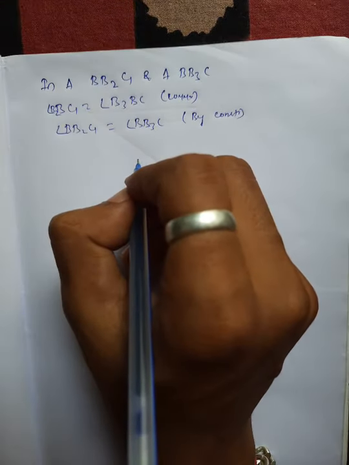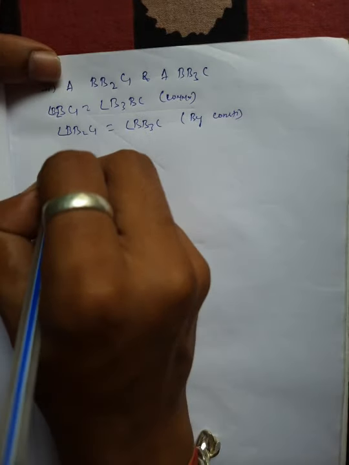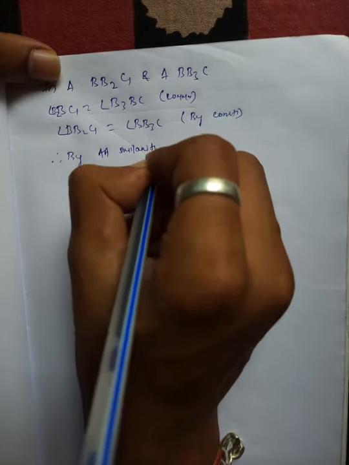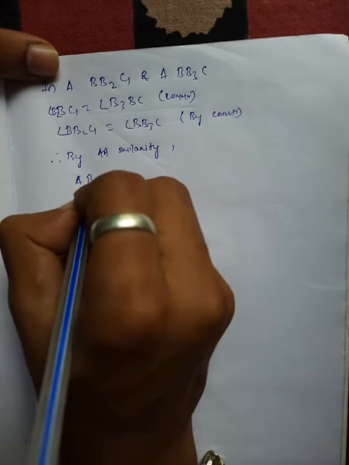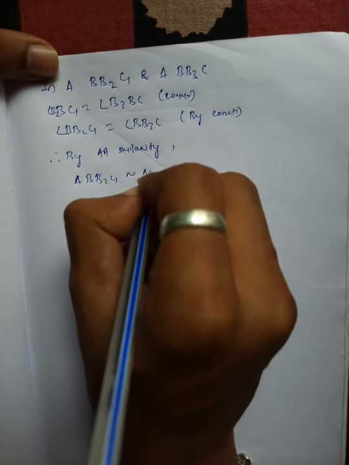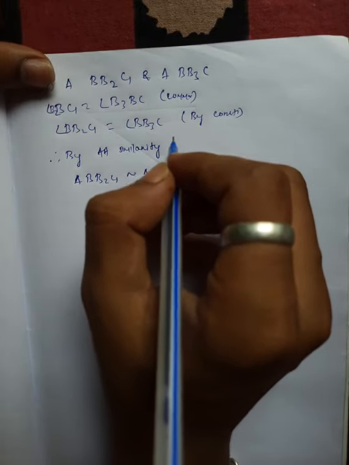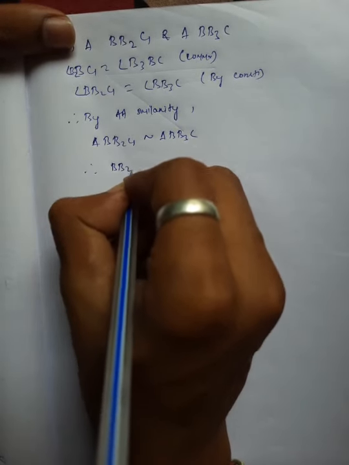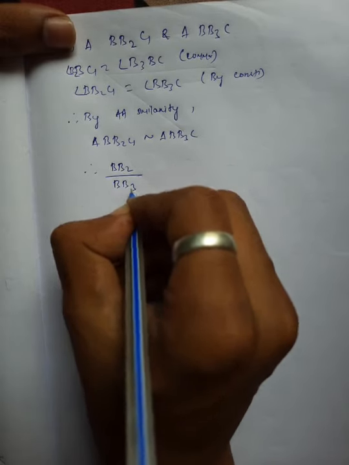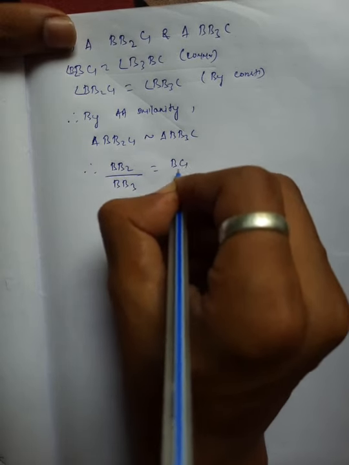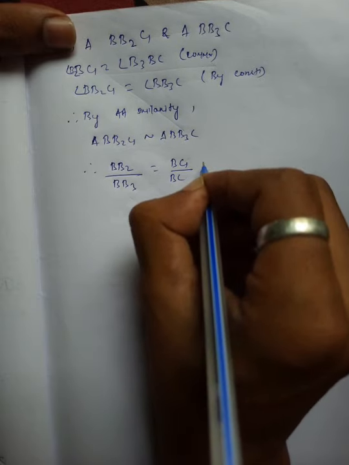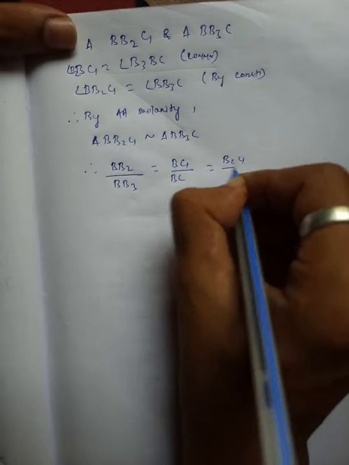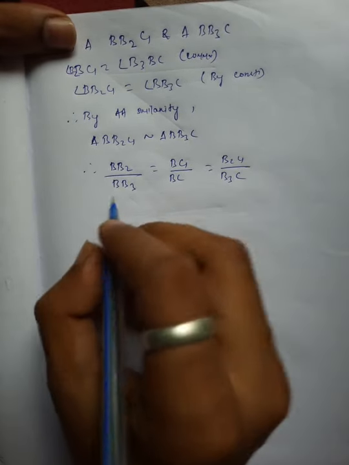Okay, so now therefore by AA similarity criterion, triangle BB2C1 is similar to triangle BB3C. Here also therefore BB2 by BB3 equals BC1 by BC equals B2C1 divided by B3C.